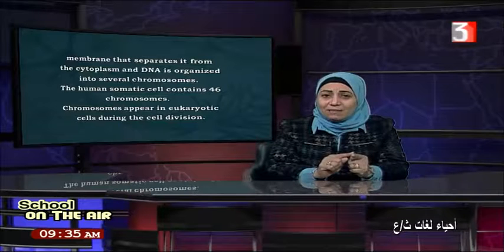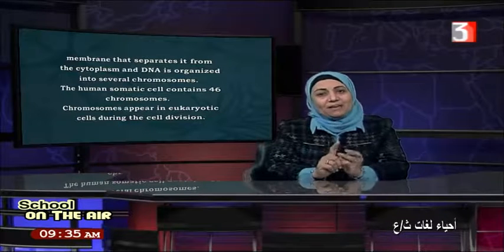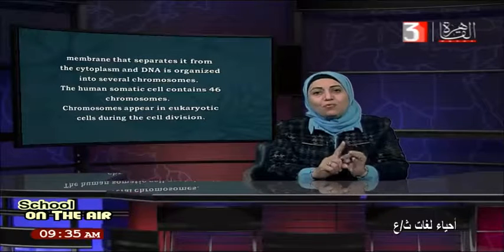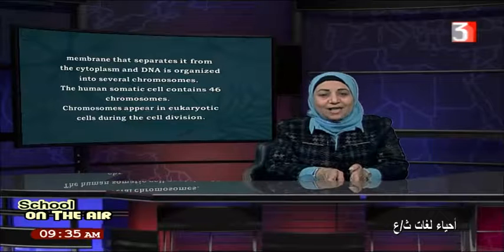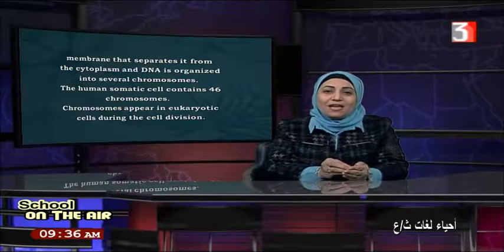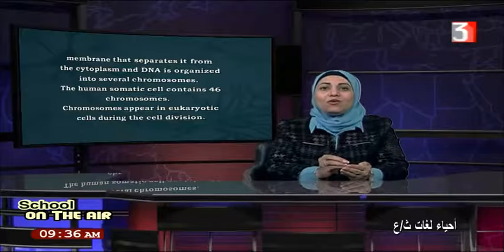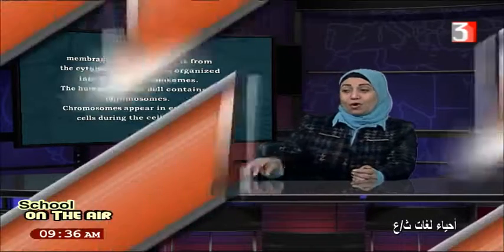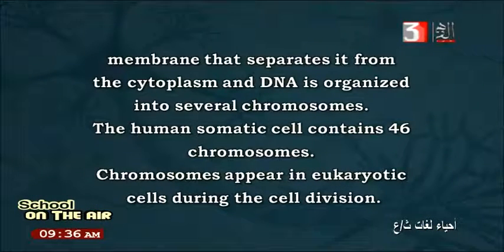Chromatin reticulum is the material we call minute tangled filaments, which form the chromosomes. Okay, this is the chromatin reticulum, which contains the DNA or the genetic material. Now we are going to see the membrane which separates the cytoplasm and DNA.